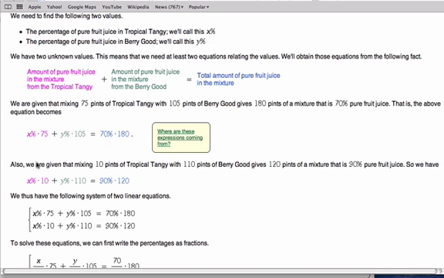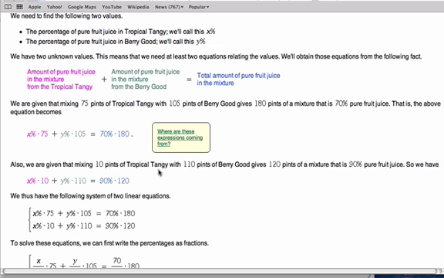And then the next piece of information says we are also given that mixing 10 pints of tropical tangy with 110 pints of berry good gives 120 pints that is 90% pure fruit juice. Okay, so we're going to set this up.